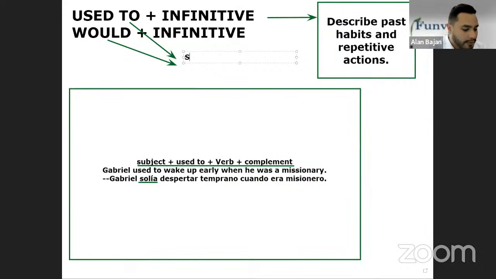So, this is a verb that we use in Spanish, and we call it soler. And with this verb, I'm saying that in the past, I did an action many times. It was a habit. When you do something many times, it's a habit, right?